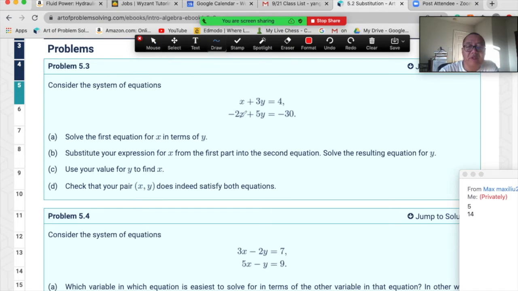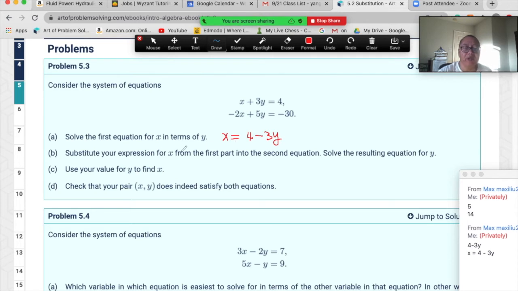So x equals 4 minus 3y, right? Both sides minus 3y, you get x equals 4 minus 3y. This is called solving x in terms of y.